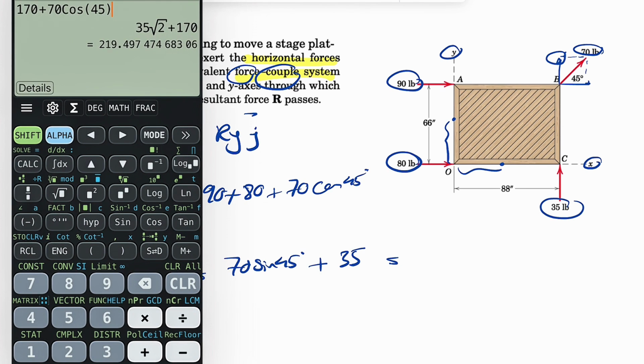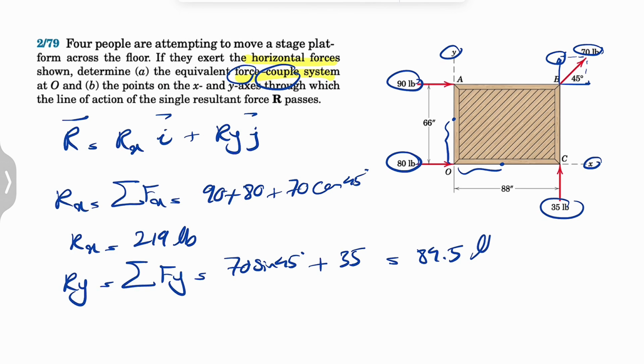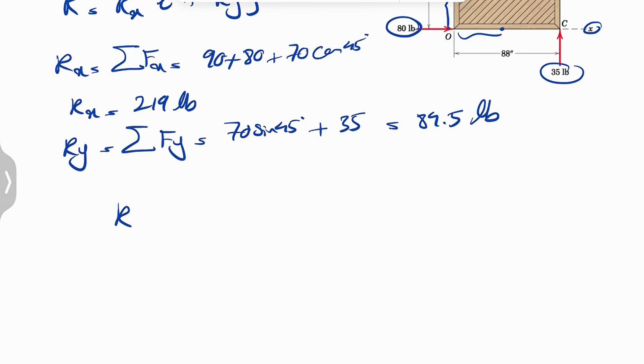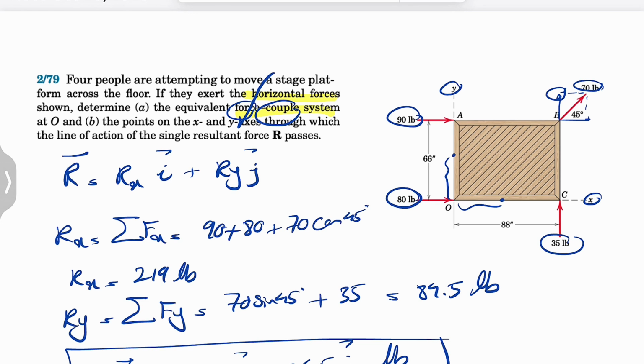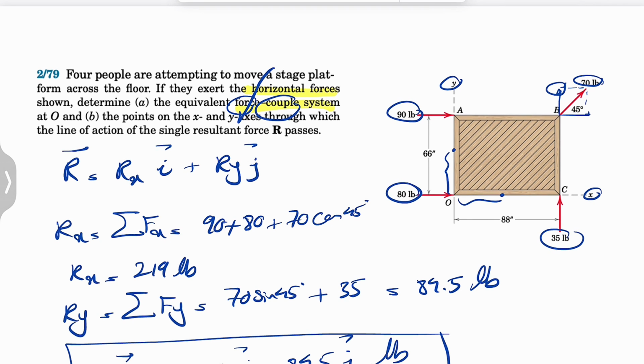So let's see what we get for this. 35 plus 70 sine of 45, and this is going to give us 84.5 pounds. So now we figured our R, so basically 219 i plus 84.5 j, and the unit will be in pounds.